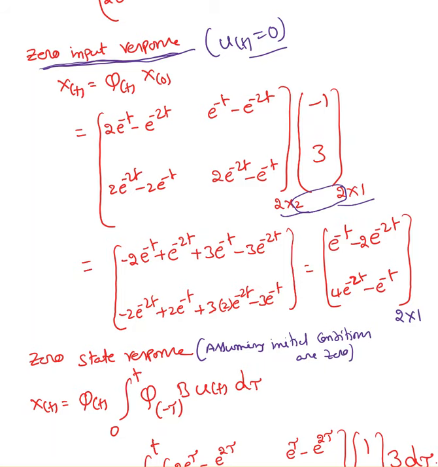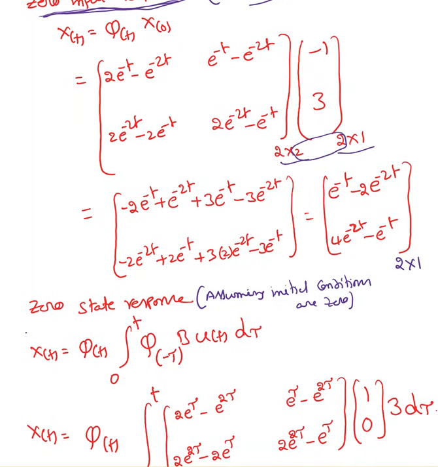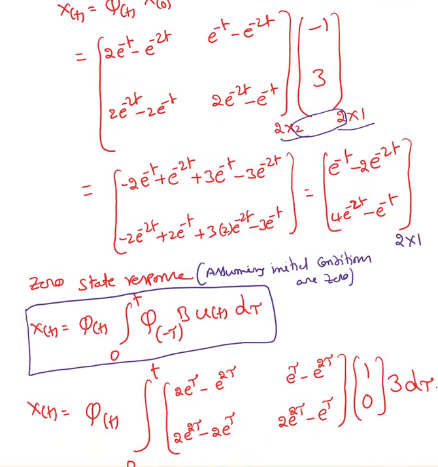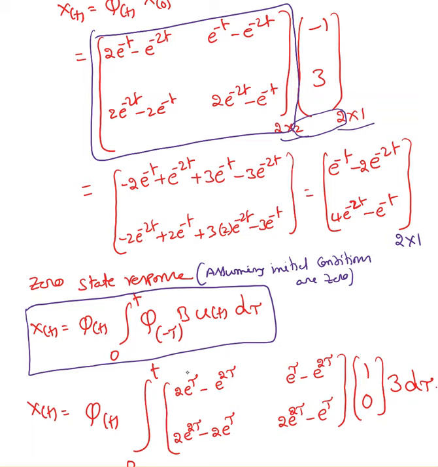So if I assume the initial conditions are 0, this is the formula, x of t equal to phi of t integral from 0 to t of phi of minus tau B u of t d tau. Now phi of t is known. This is phi of t. Now I need to make it phi of minus tau. So wherever I have t, I'm going to replace it with minus tau.